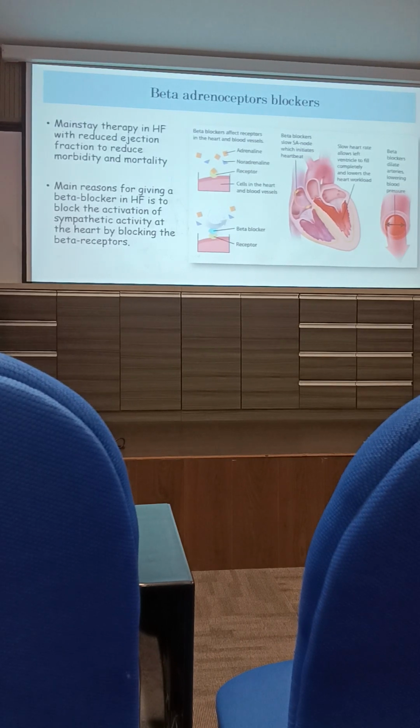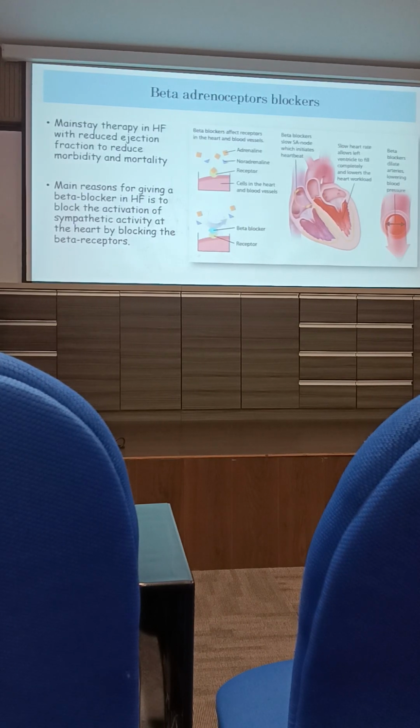So the third drug is your beta blockers. You have learned about beta blockers many times already. It's a mainstay therapy in heart failure with reduced ejection fraction. Basically you know beta blocker will block the beta receptors of the heart.